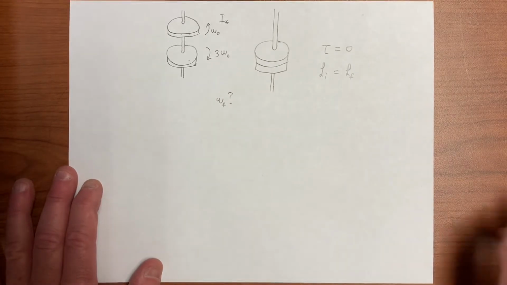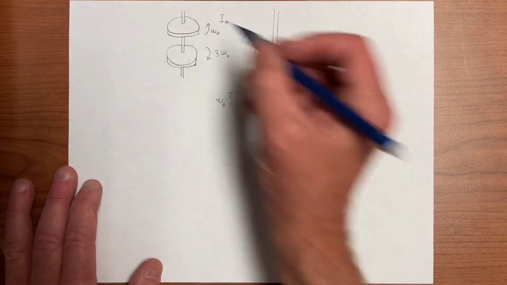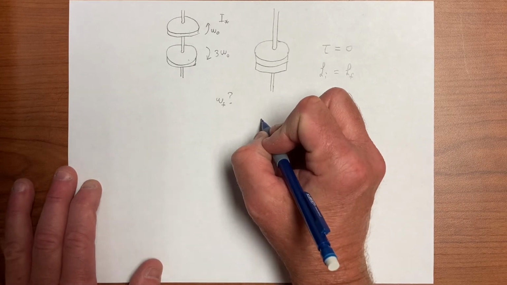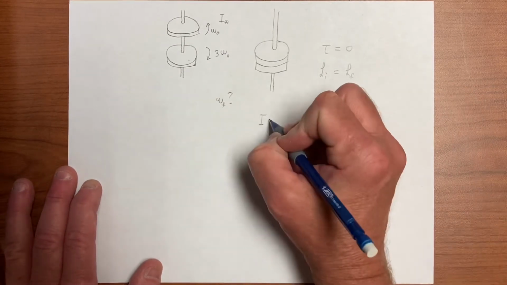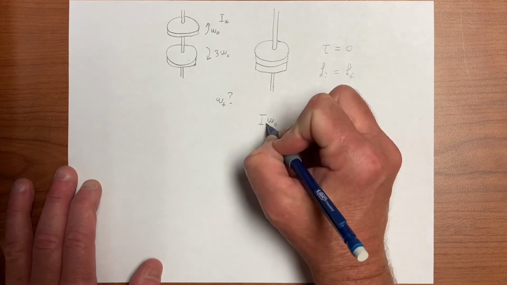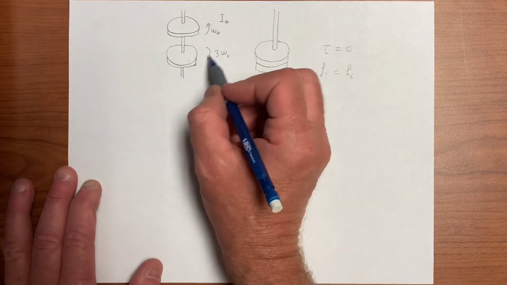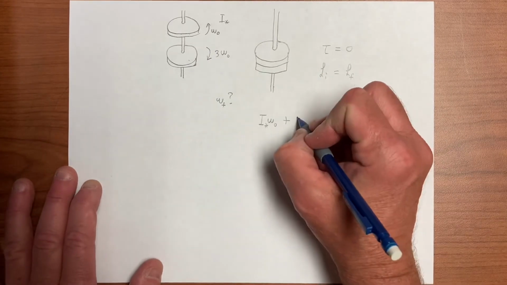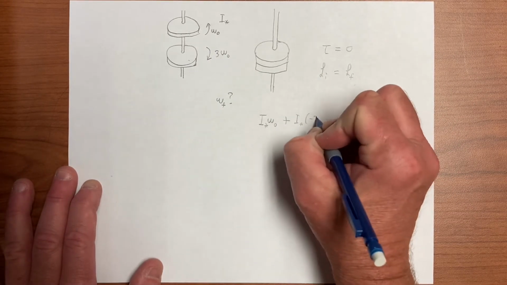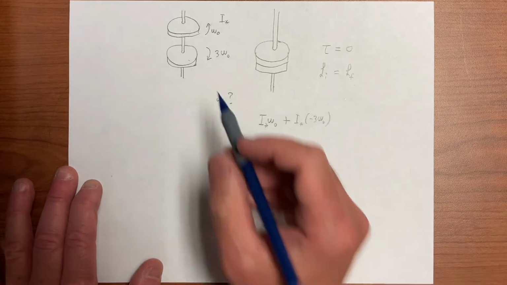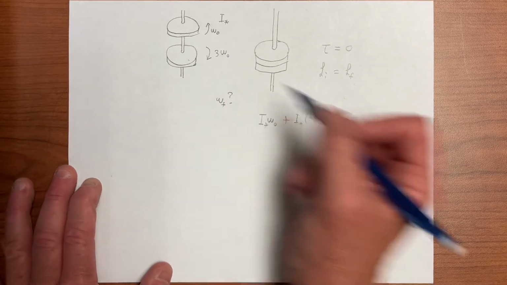So the initial angular momentum is, this one has angular momentum I times omega naught, that's actually I star, plus the angular momentum of this one, but different direction of rotation. So we have an I star times a minus 3 omega naught. So the negative is in the clockwise direction.